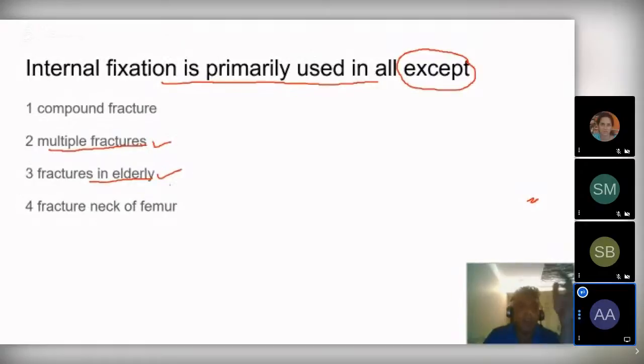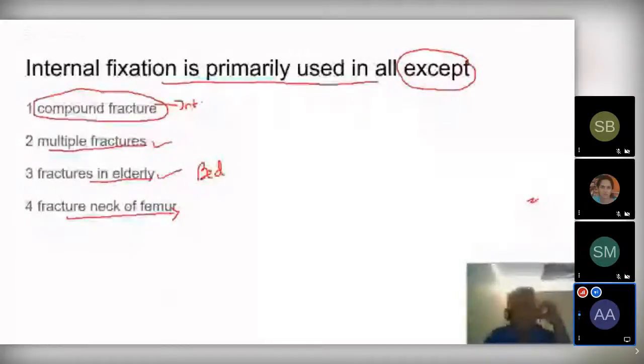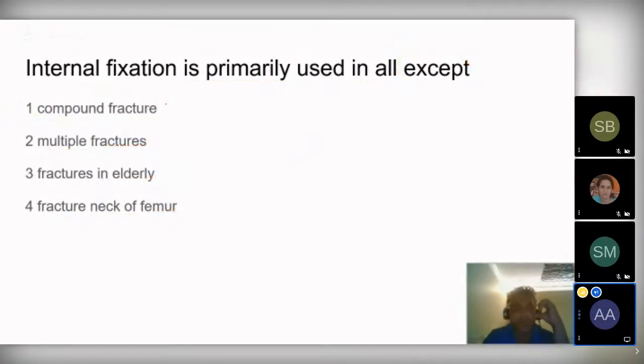If you make them bedridden, then open fracture you have to treat by external fixation. A foreign body you cannot put inside the bone if there is a wound because there is a very high chance of infection. Am I clear, students? Okay.